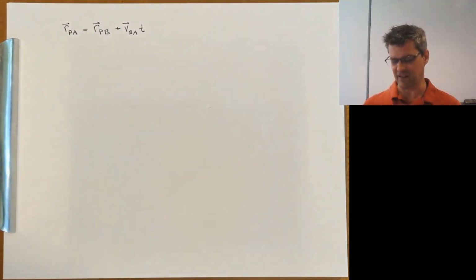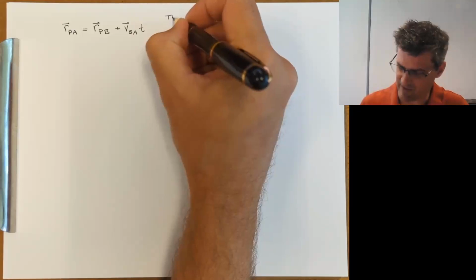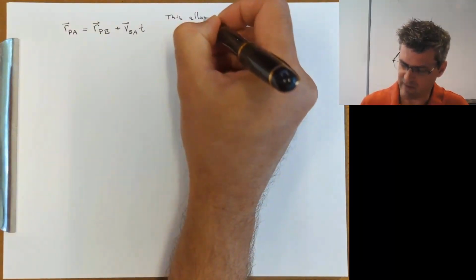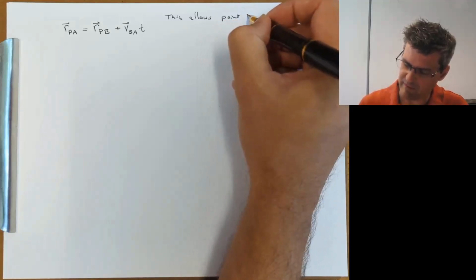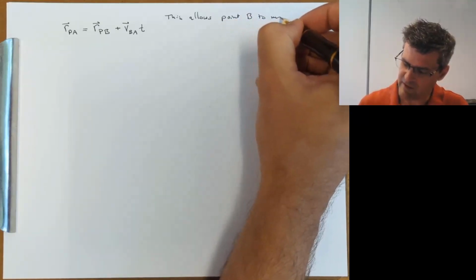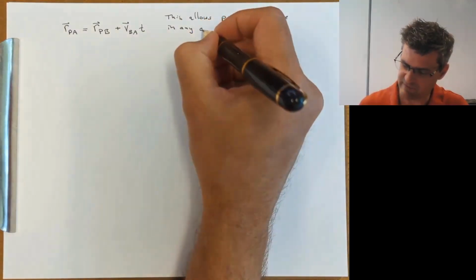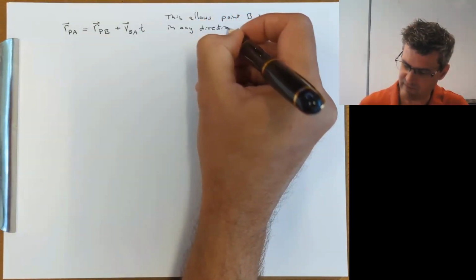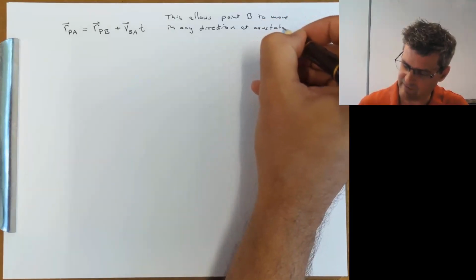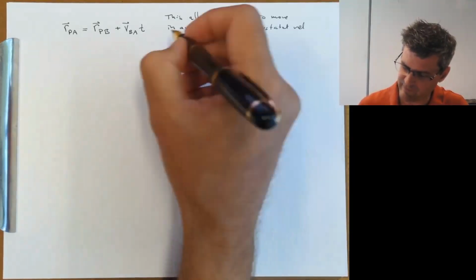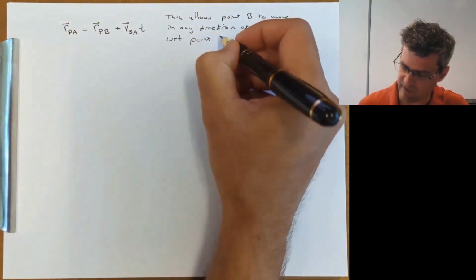So this is a constant velocity situation. This allows point B to move in any direction at constant velocity with respect to point A.